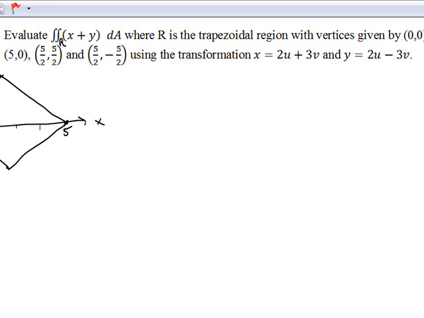And so this line is y equals x. This one is y equals negative x, beautiful. This third one is parallel to y equals x and passes through 5 on the x-axis, so that's y equals x minus 5. And then this one is y equals minus x plus 5. So you need to do that.